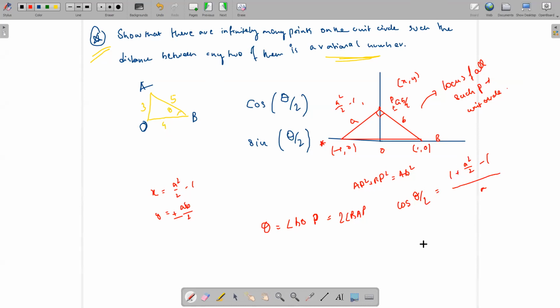And what is sin theta by 2? This is y by a, so that is plus minus ab by 2 by a. So both of these are rational, right?